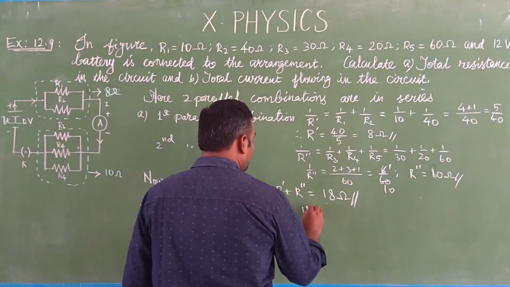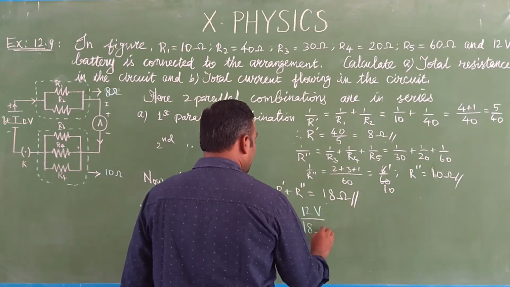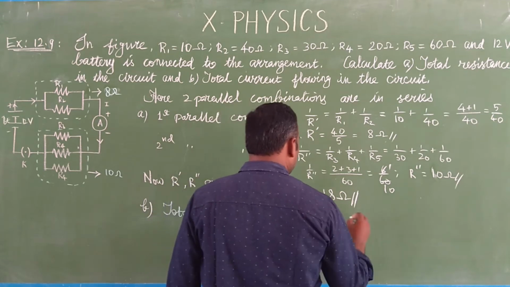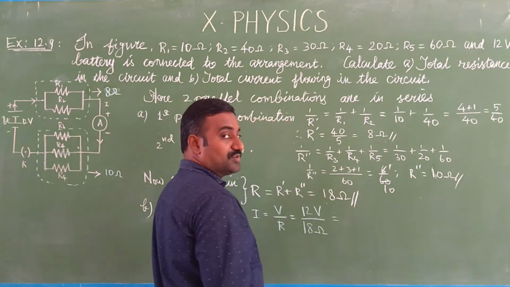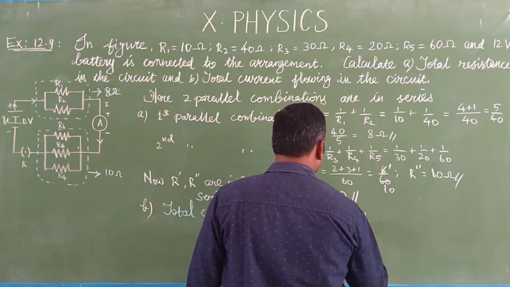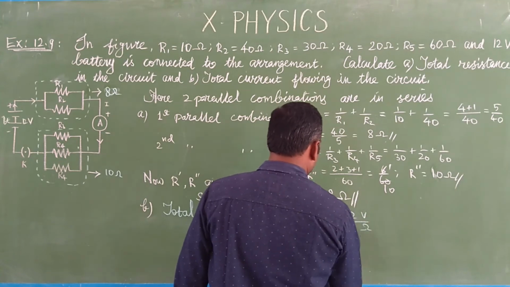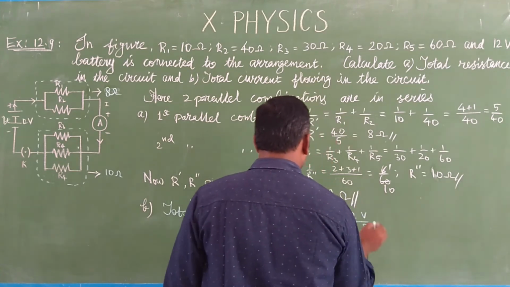The applied potential from the battery is 12 volt and the total circuit resistance is 18 ohm. So 12 by 18, using the 6 table, 2 sixes are 12 and 3 sixes are 18.